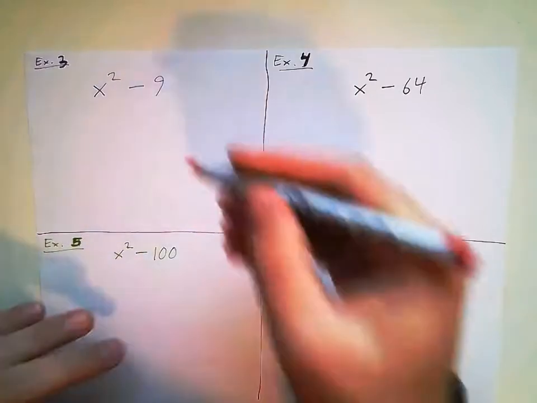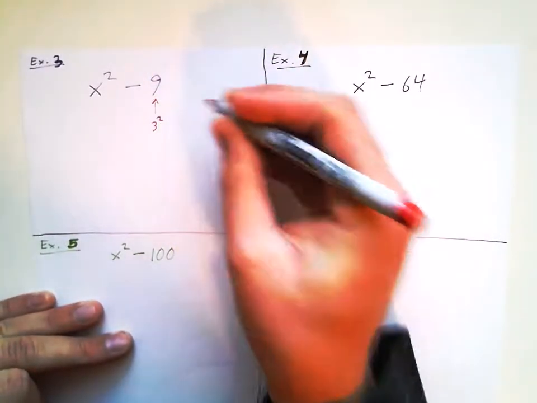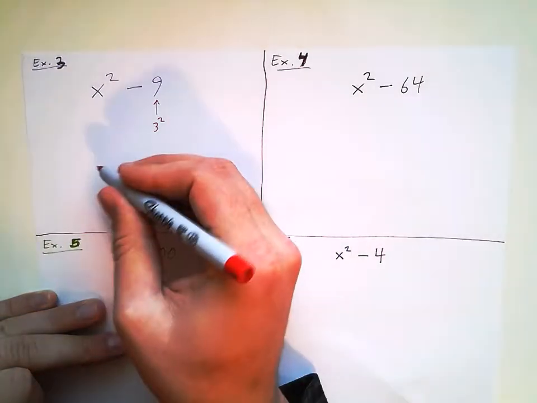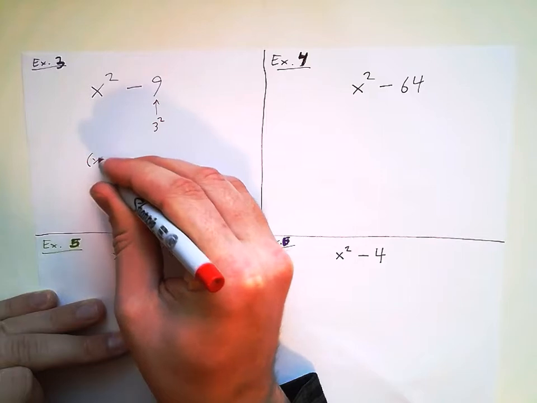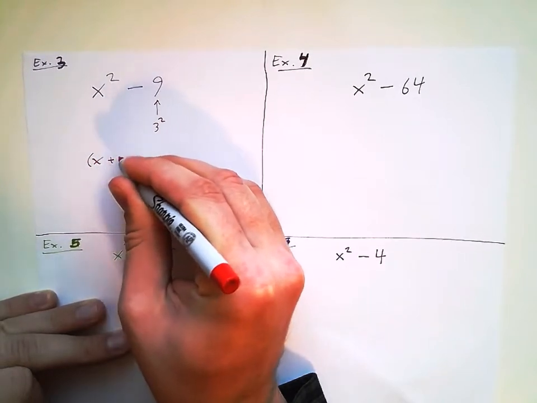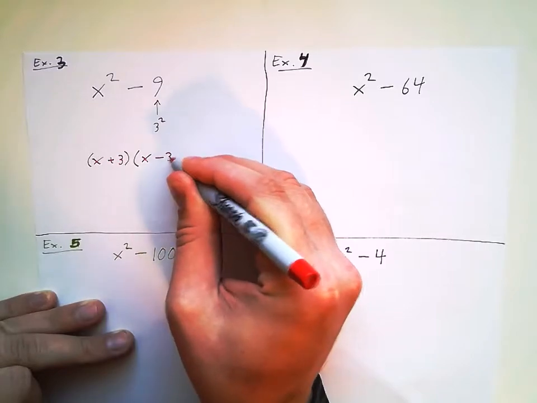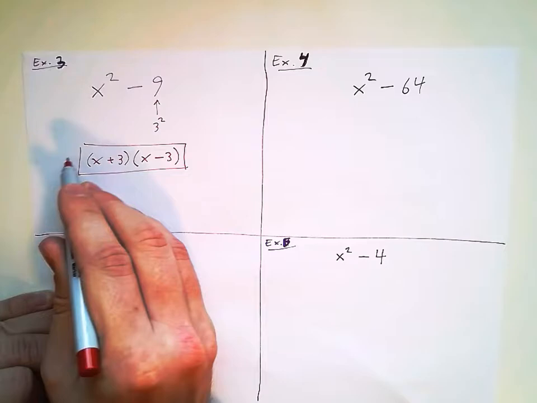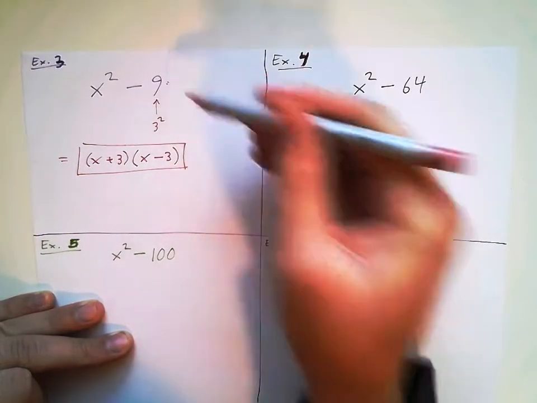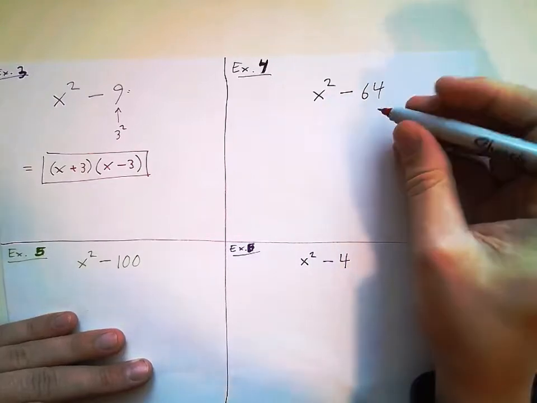x squared minus 9. I say 9 is 3 squared. So that means this is going to be (x + 3)(x - 3). And you can multiply that out and check it, and it will get you that. x squared minus 64.